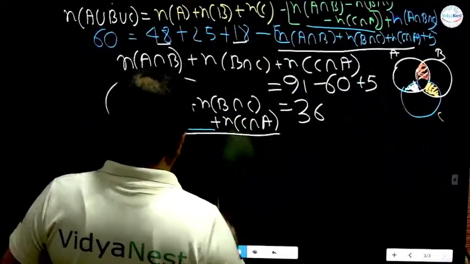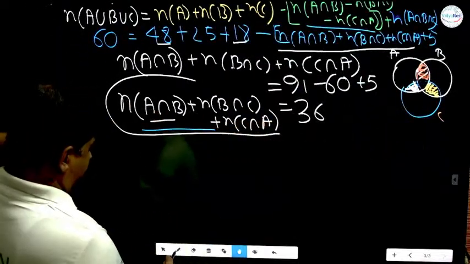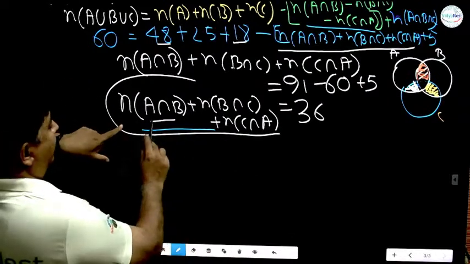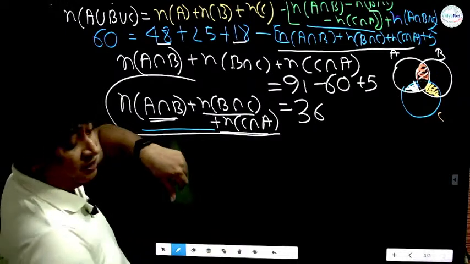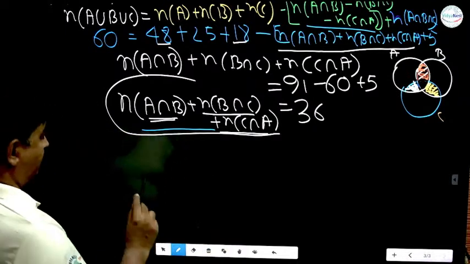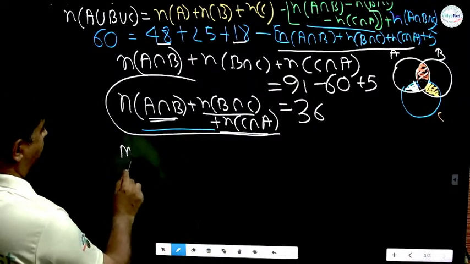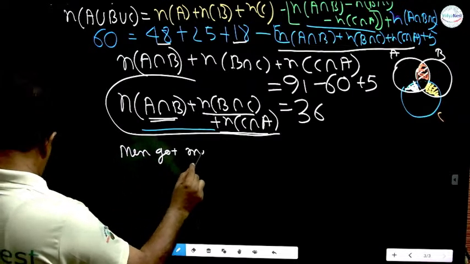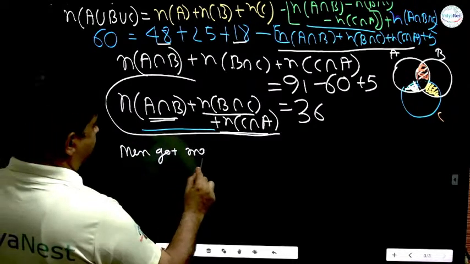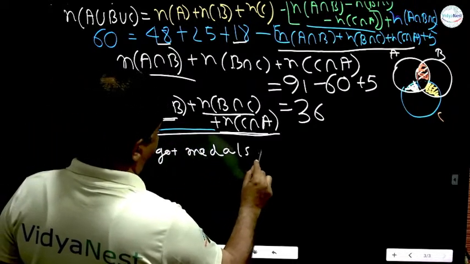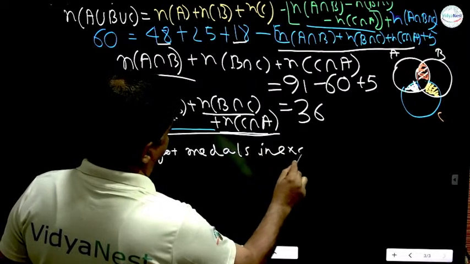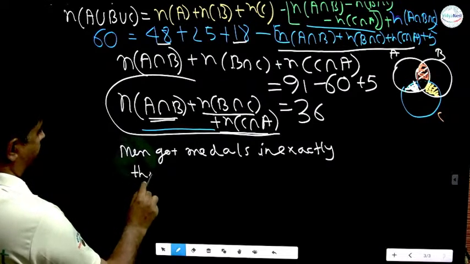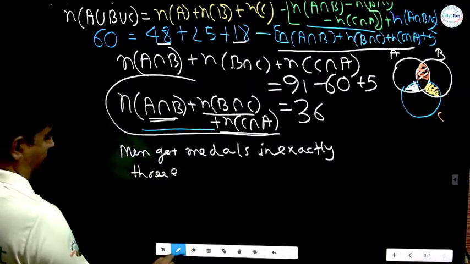So here I have got those men who are getting medals in 2 events but not exactly 3. So men got medals in exactly 2 events.